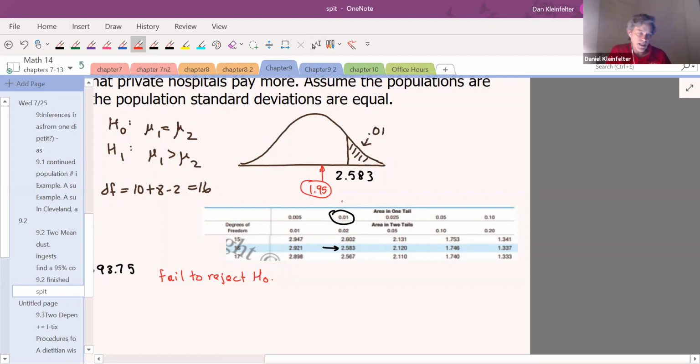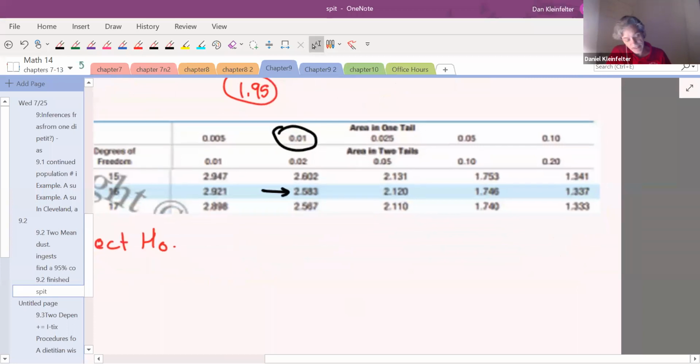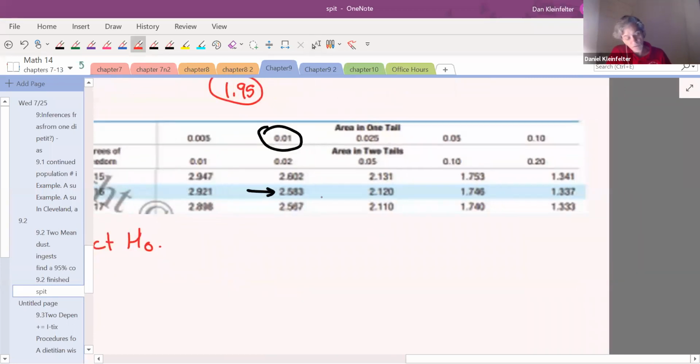If we wanted to pay attention to the p-value method, let's think about that for a second. So once again, our degrees of freedom, we decided to use 16 for this. And our test statistic is 1.95. So if you look closely in the table, you're not seeing 1.95 in here, but in here we've got 2.921, 2.583, 2.12, and then 1.746.